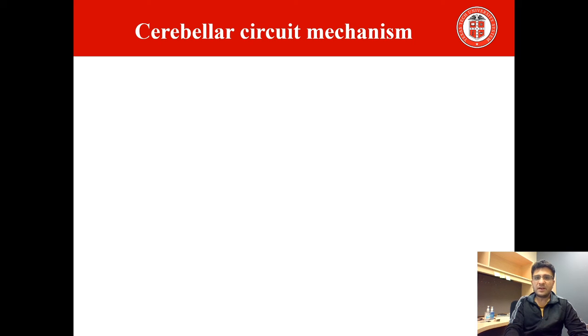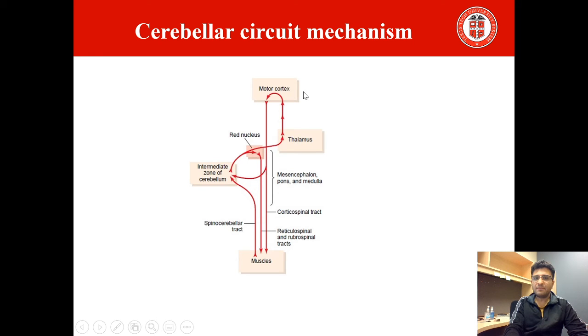Now, if we look at this cerebellar circuit mechanism, whenever we start thinking of doing anything using our motor command, then signals from the motor cortex directly go to the muscles. But simultaneously, we have a similar copy, the efference copy, which goes to the cerebellum.